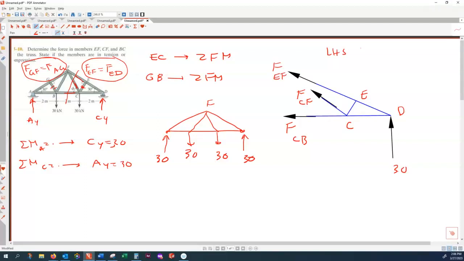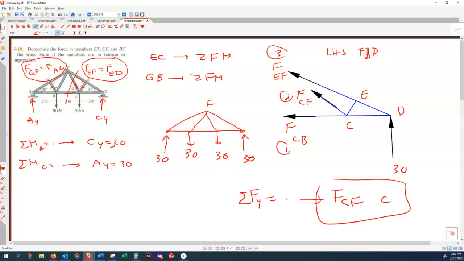So this left-hand side free body diagram is solvable because it has 1, 2, 3 unknowns and 3 conditions. So the best condition to start with, I mean, you can apply net forces vertically equal to 0, and that easily give you FCF. And for that, FCF would be in compression, not in tension, because both vertical forces are upward. So I had to change this one as a compressive. So this equation gives you FCF.